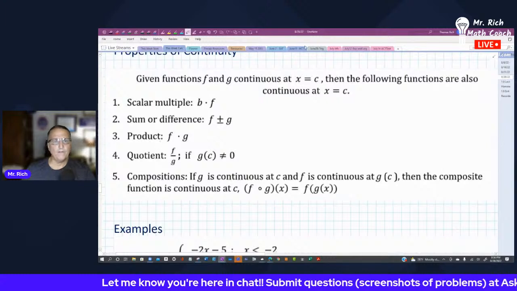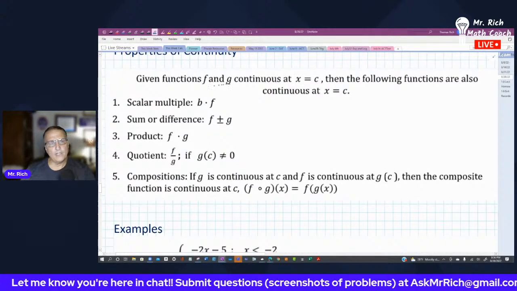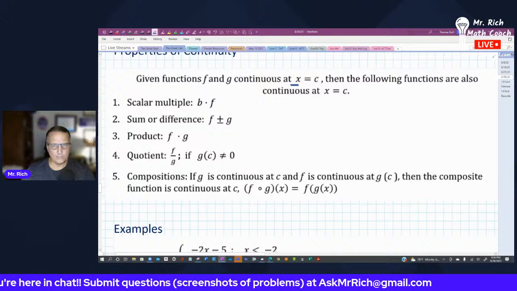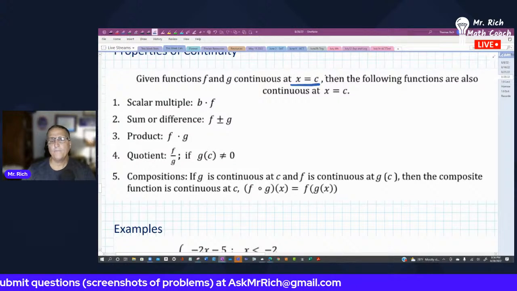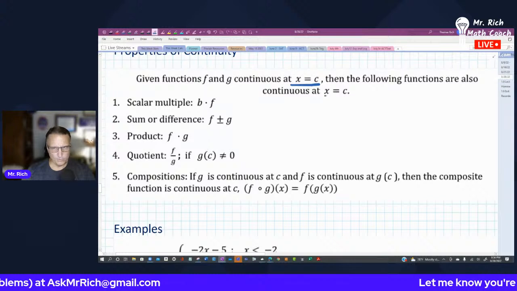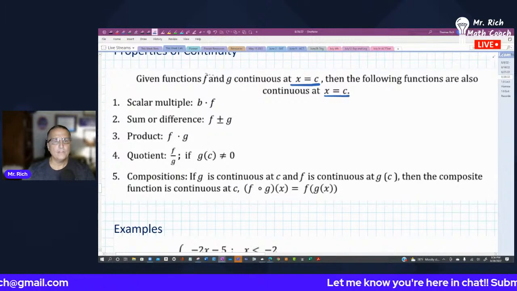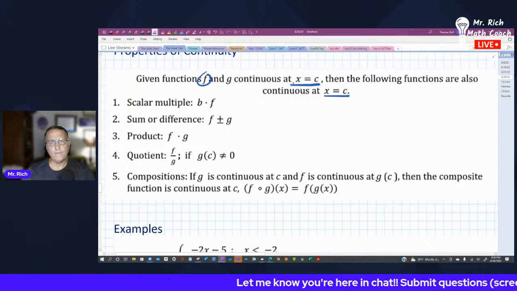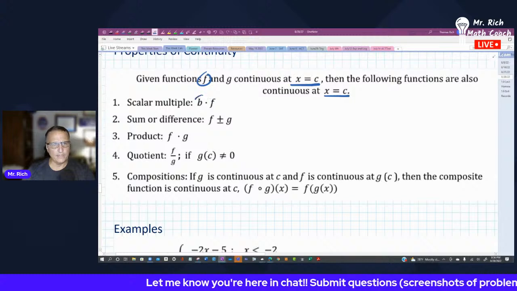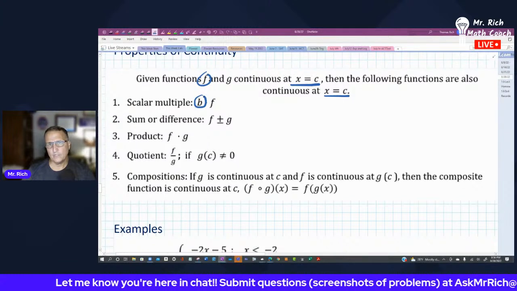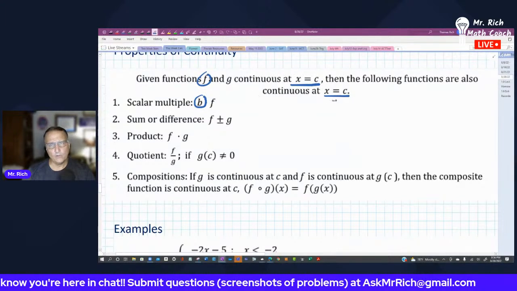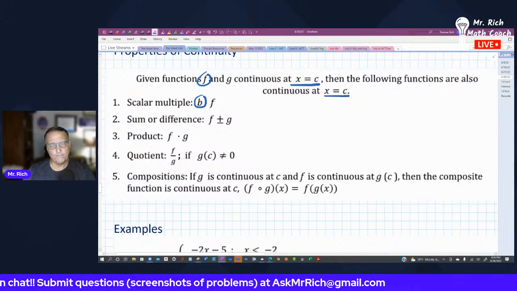If I have functions f and g that are continuous at a particular point, then also the following functions would be continuous at that x value. If I take my function f, which is continuous at x equals c, and multiply it by a constant, it's still going to be continuous at that value.